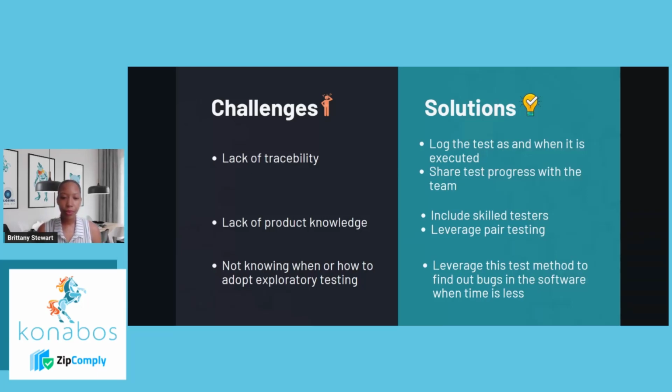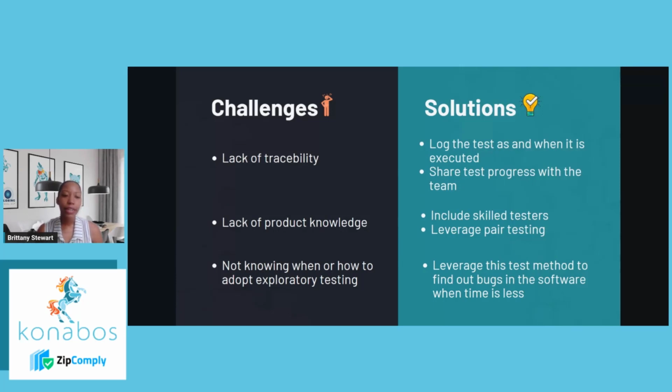It can be tracked. Secondly, lack of product knowledge. When people start out with exploratory testing, they say, I'm not really sure what to do, and that's okay. You're not really supposed to know. Exploratory testing gives us the opportunity to learn while we're designing and executing our tests. The solution for this is to include another skilled tester in your exploratory testing session, or leverage peer testing, which is pulling on somebody else on the team who may know more about the product than you, getting on a call with them and doing a session together.